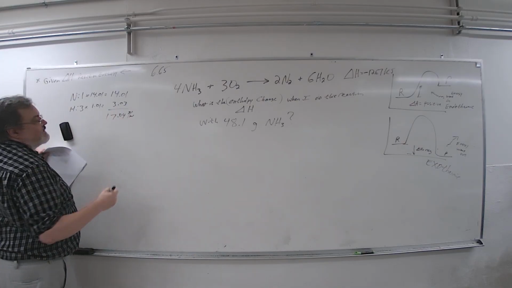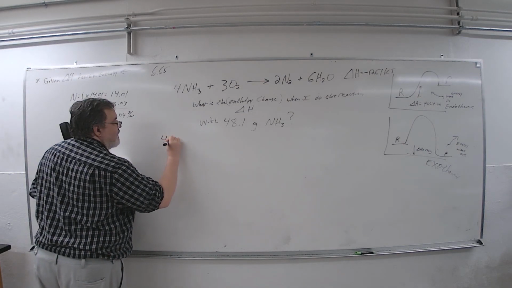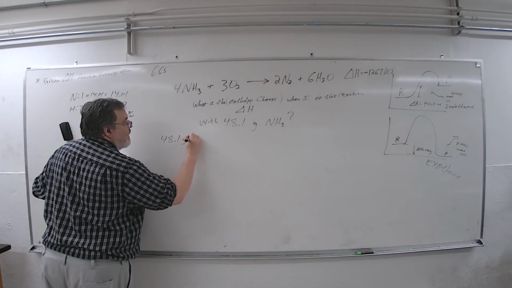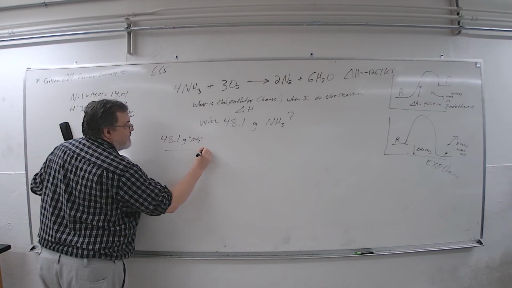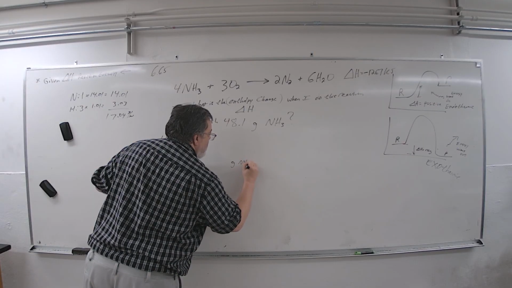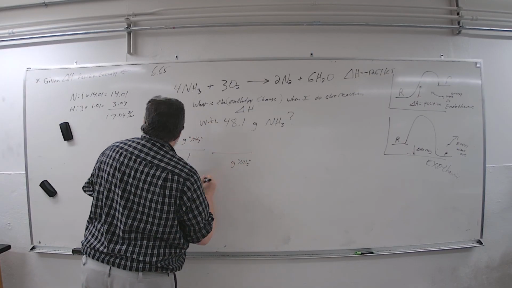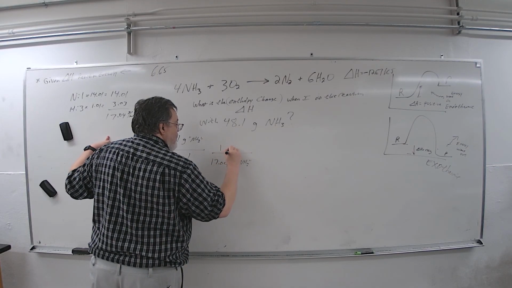So ammonia, NH3, is 17.04 grams per mole. So you do this. 48.1 grams. I need grams of NH3 on the bottom, which is 17.04 grams to 1 mole NH3.